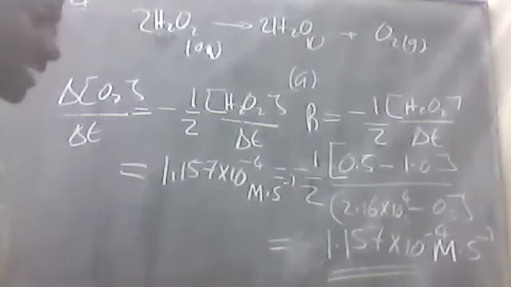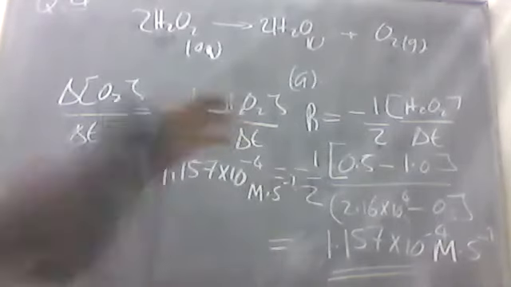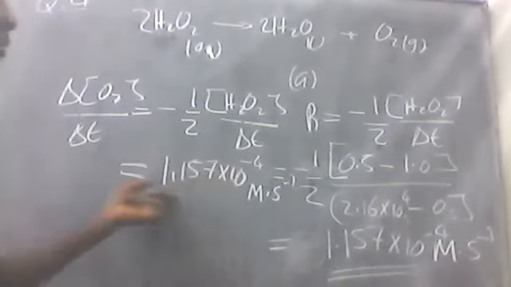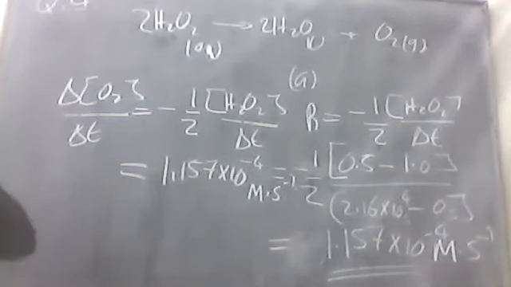This is just the formula for the decomposition of the hydrogen peroxide. But if you have done the calculation, the value that you're going to get is a positive value for the rate of reaction, the rate of decomposition.